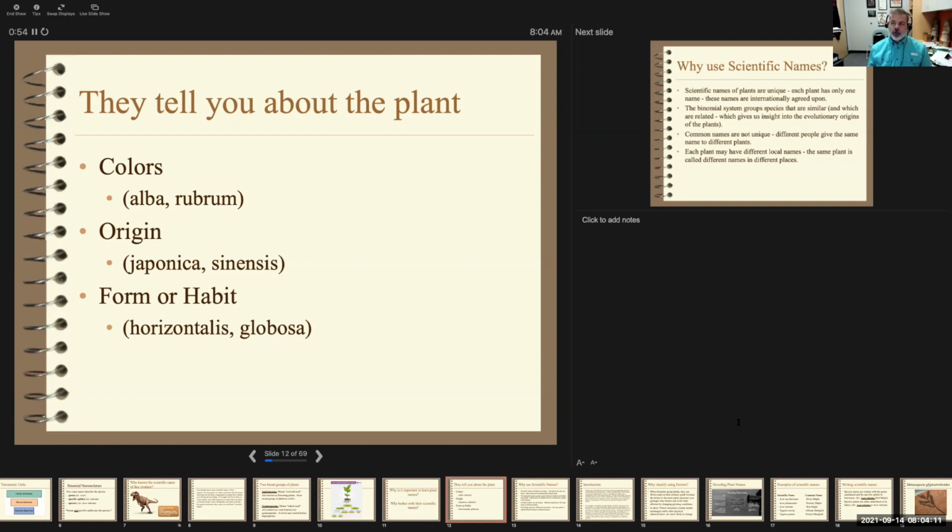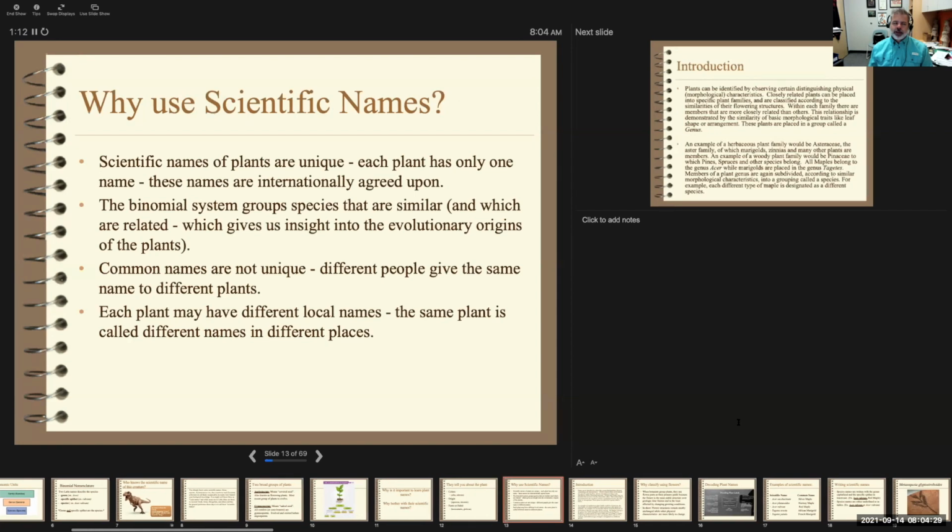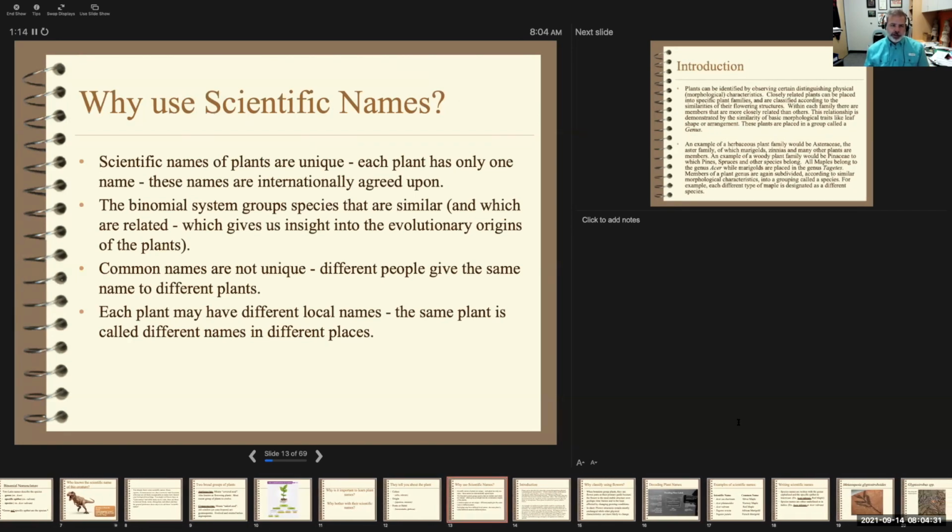Maybe it's horizontalis. There's a plant, Juniperus horizontalis, and that's a very low, flat-growing plant. Or maybe it's something like Cryptomeria japonica globosa nana, which would have the word globosa in it, which tells you that that's a rounded shape like a globe. And so the scientific names of plants really do tell us a little bit about the plants.